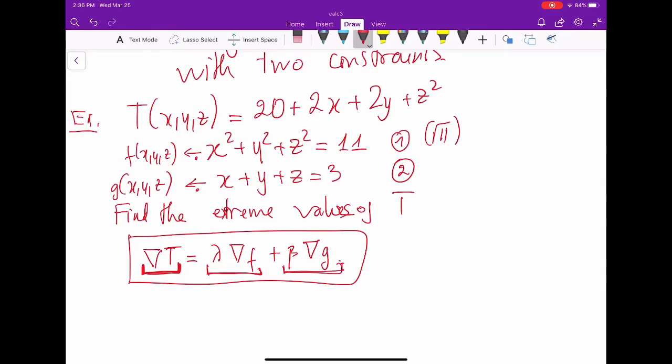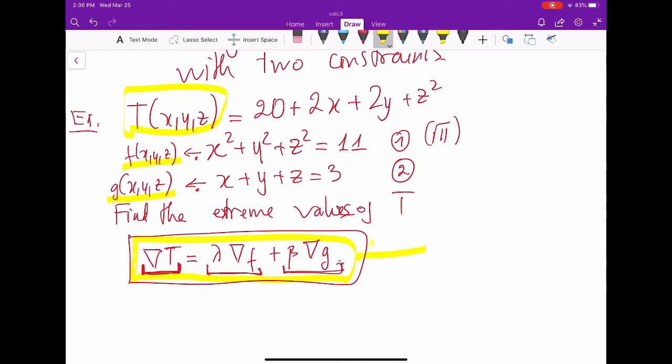Because you have two constraints in here, right? You have two surfaces in here. So for two surfaces, you would have two normal vectors. Make sense? And then you move your level surface such that they intersect at that point. So basically, the normal vector of the level surface of the function t is a linear combination of the normal vector of the surface with respect to f and the normal vector of the surface with respect to g.